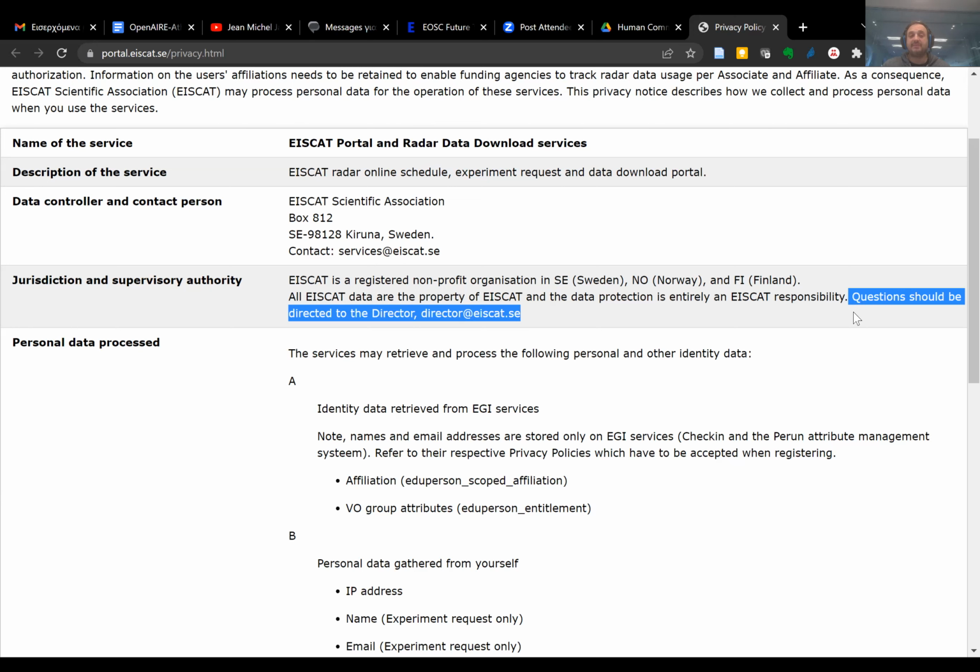By the way, I'm a bit confused by the fact that it is registered in Sweden, Norway, and Finland. So I don't know what that means. It could be that it is registered as a non-profit, but the question here is where is it based as a legal entity? So ASCAD may be registered because different countries have non-profit company registries or non-governmental organization registries. So it could be that in all these 3 jurisdictions you can do it.